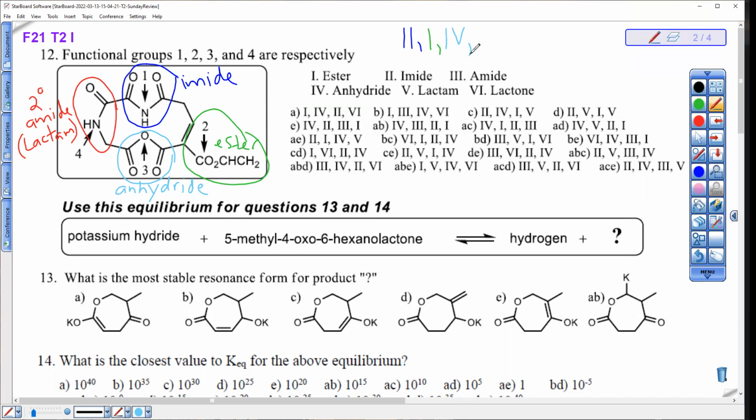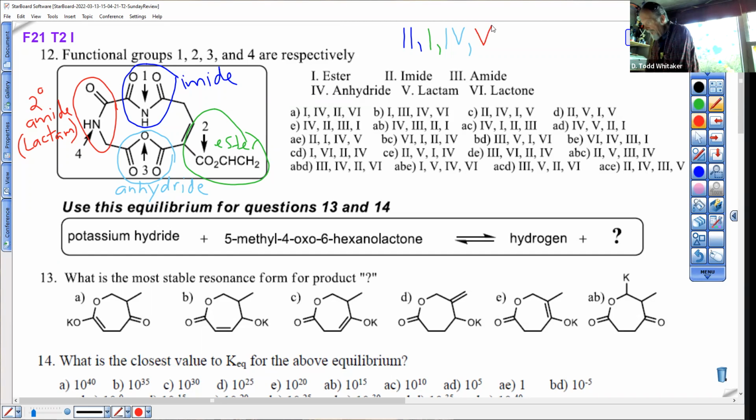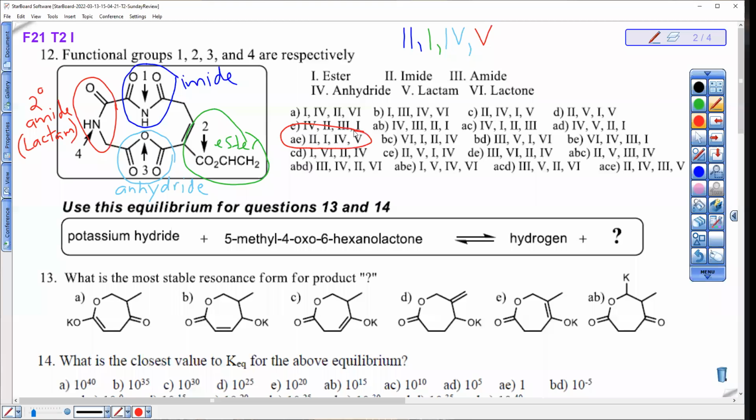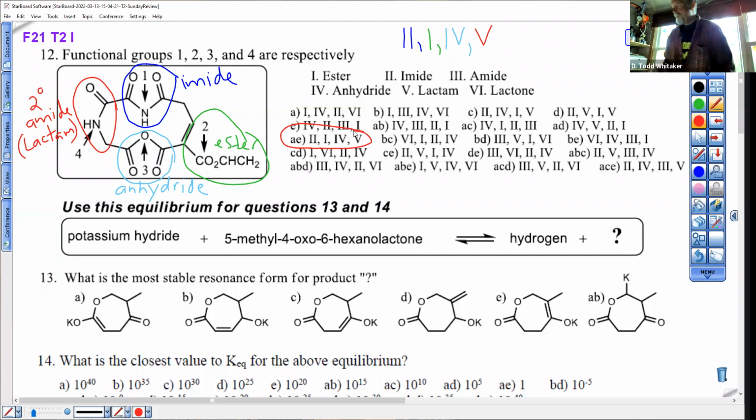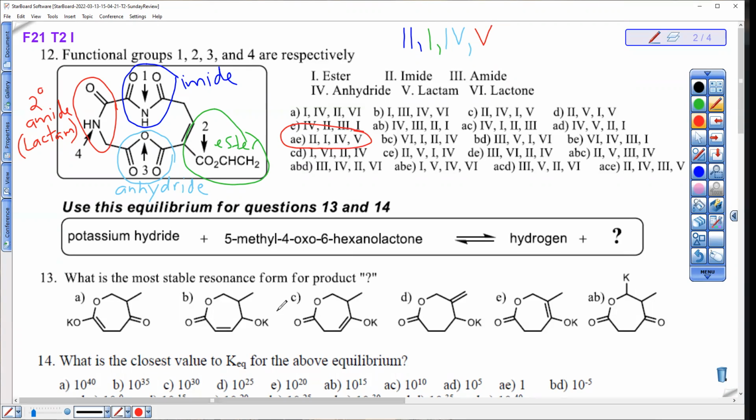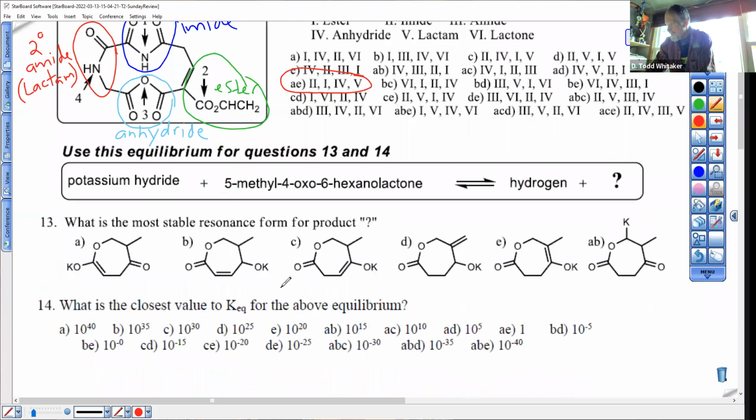And 4 is a lactam in red, and that's B. So 2, 1, 4, 5. Finding the answer is always fun. There it is. 2, 1, 4, 5. And there you have it.